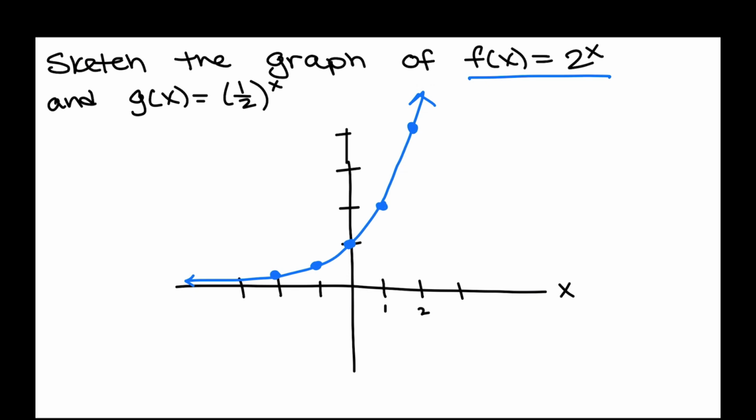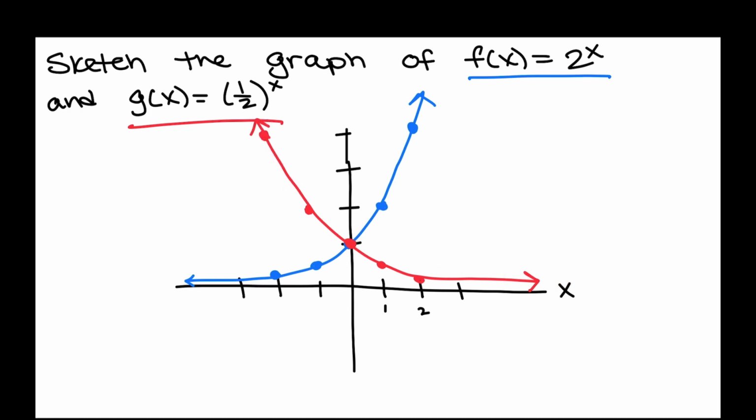Now if I graph the points I got for g of x equals 1/2 to the x, I had -2 went with 4, -1 went with 2, 0, 1, 1, 1/2, 2, 1/4. Here's my exponential decay, my decreasing function.